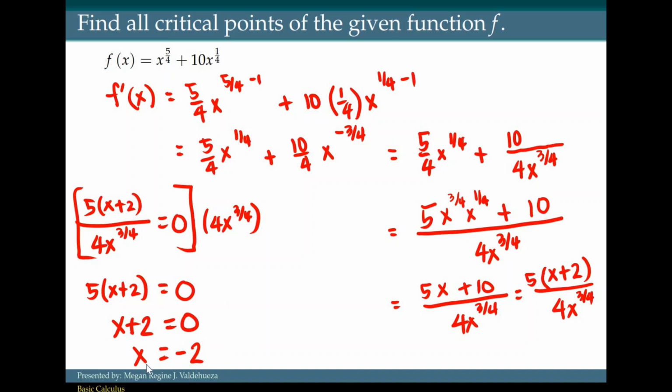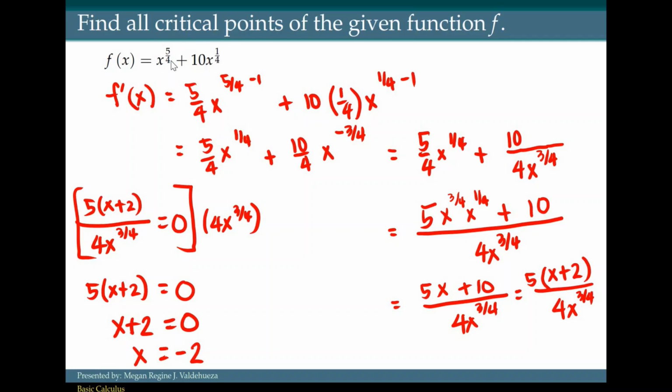So the question is, can x equal to negative 2 be a critical point for the given function? Is it a critical point? The answer is no, because of the domain of our function.